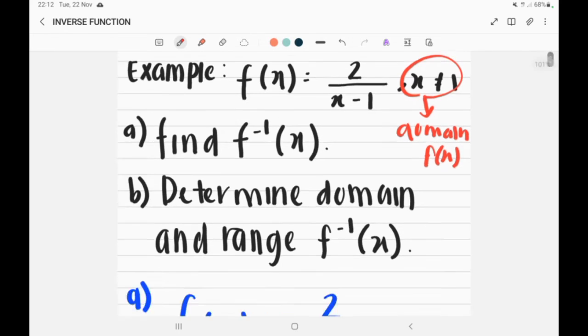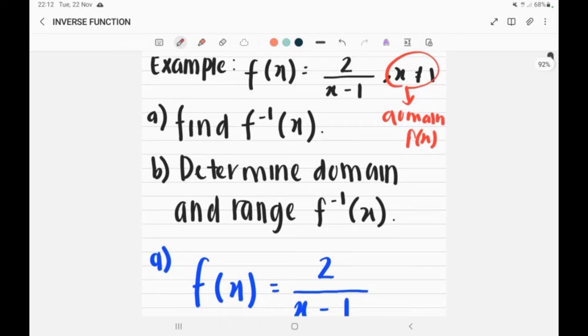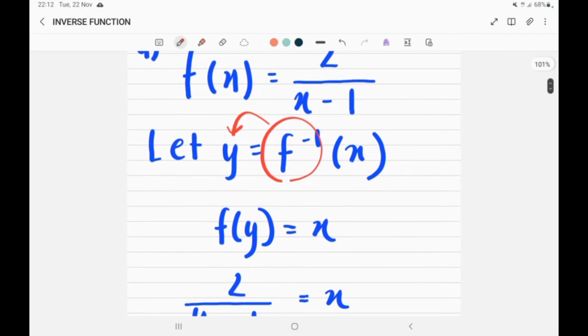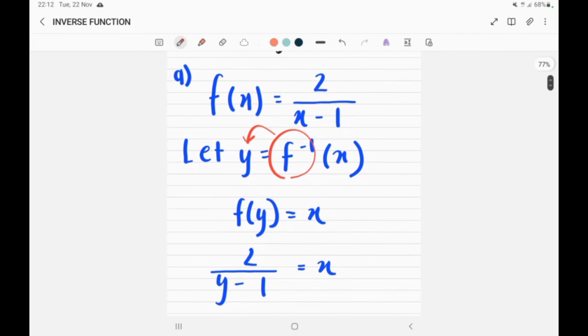Okay, the first question asks us to find f inverse. To find f inverse, we let y equal to f inverse. Since f inverse is what we want to find, we bring it to the left hand side, so it becomes f(y). We rewrite this function, but we replace the value of x here with y.